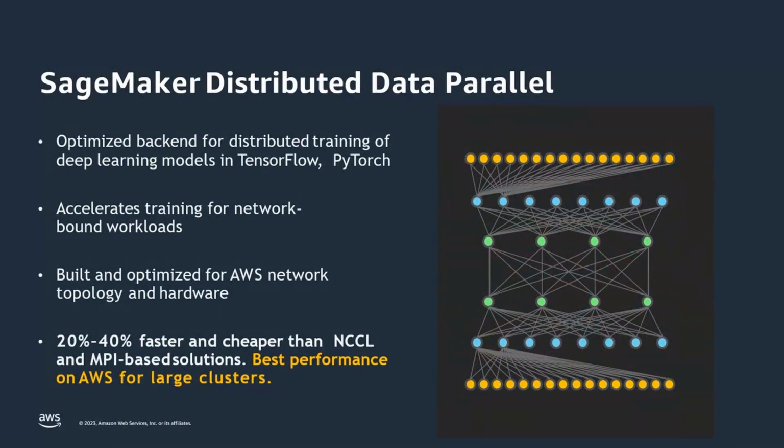At AWS, we have our custom communications protocol that can enable optimized inter-GPU communication between nodes on AWS. So this is how you can easily achieve state-of-the-art performance for large-scale distributed training on the cloud. You can easily get like 20 to 40 percent faster training time and cheaper cost.